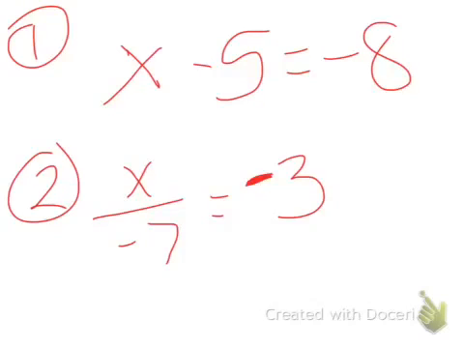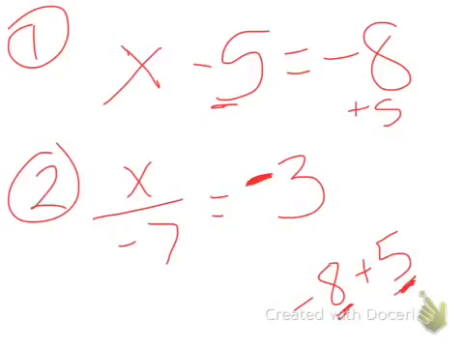Alright. I'll start with number 1. First thing we need to do is whatever we do over here, we do the opposite over here, right? So we're subtracting 5, so that means over here we should add 5. So now what I have is negative 8 plus 5. Remember, whatever the bigger number is, we take that sign. 8 is bigger than 5, so our answer is going to be negative, and then we just find the difference.